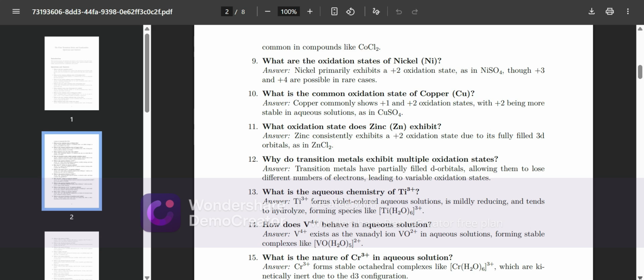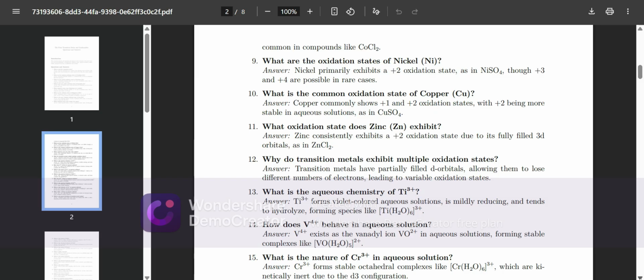Nickel primarily exhibits a +2 oxidation state, as in NiSO4, though +3 and +4 are possible in rare cases. What are the common oxidation states of copper? Copper commonly shows +1 and +2 oxidation states, with +2 being more stable in aqueous solution, as in CuSO4.